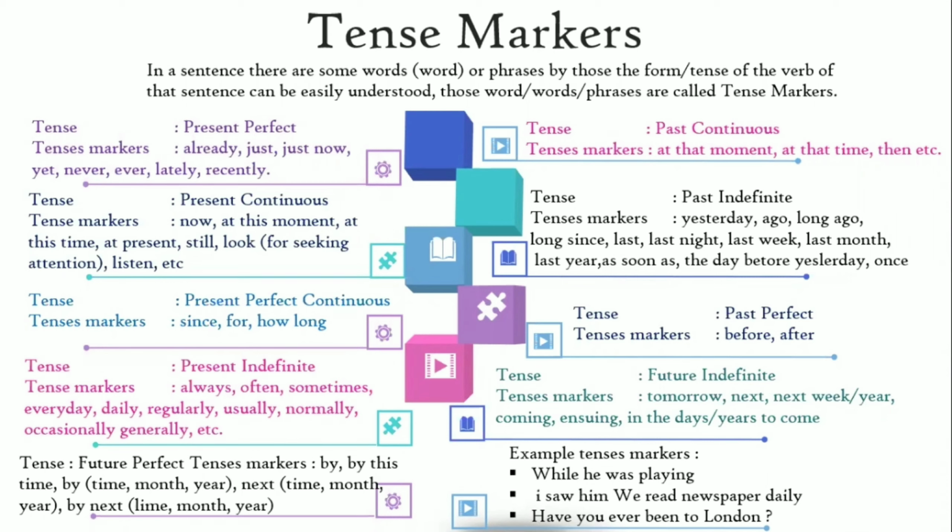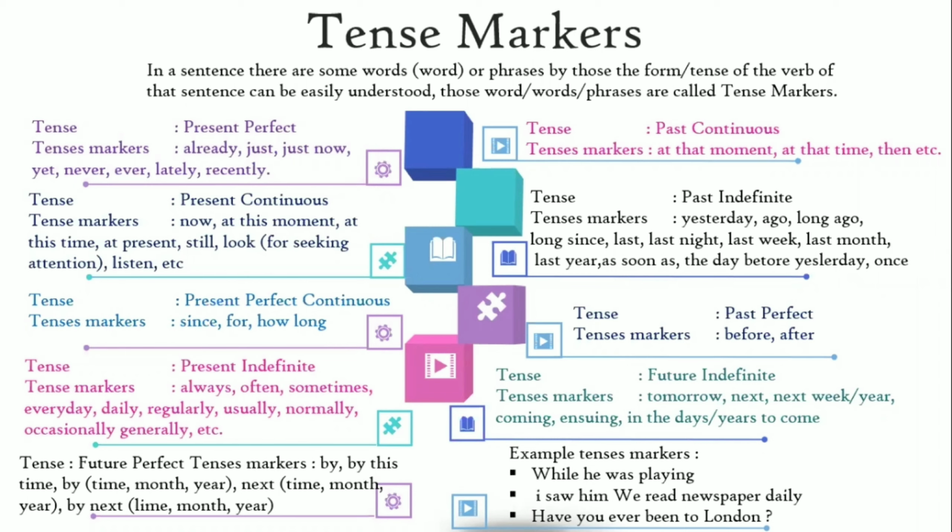7. Tense past indefinite. Tense markers, for example: yesterday, ago, long since, last night, last week, last month, last year, as soon as, the day before yesterday, and once. 8.